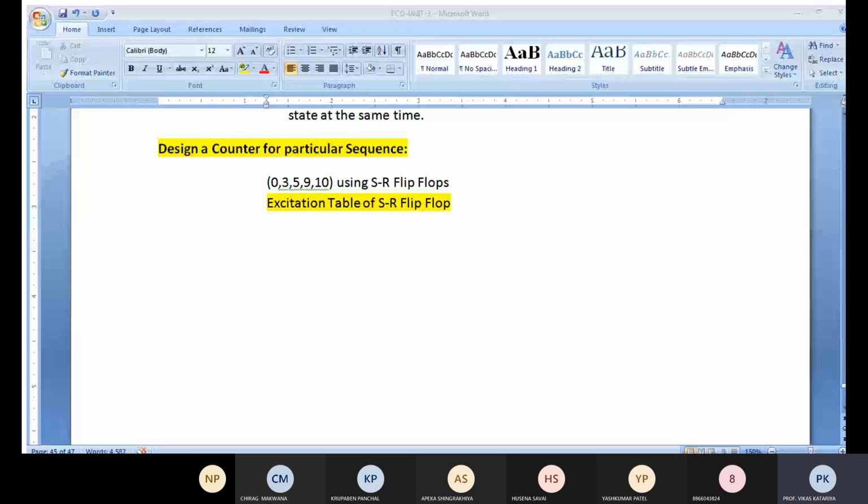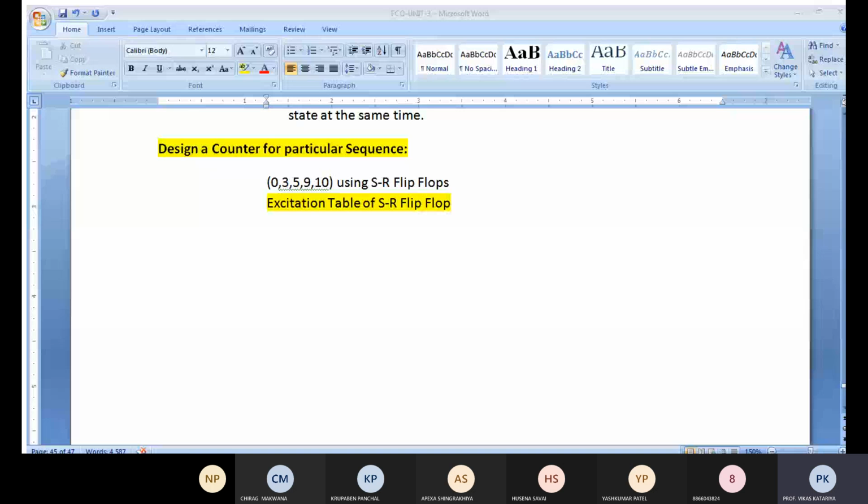So the excitation table for the SR flip-flop. This present state we consider as Q of t. The next state we consider as Q of t plus 1. Then the inputs are S and R.